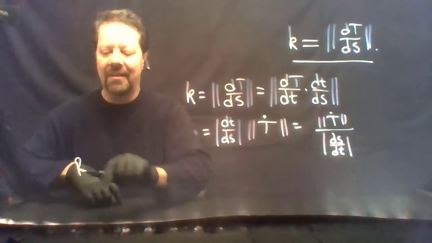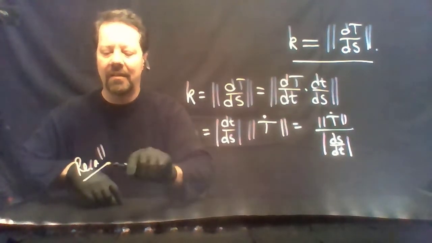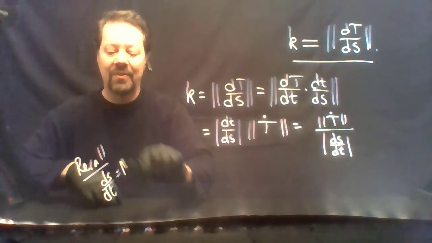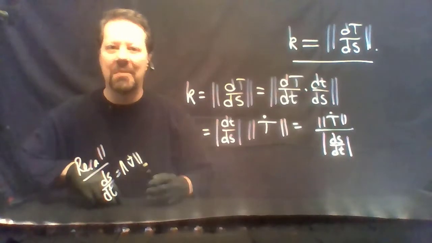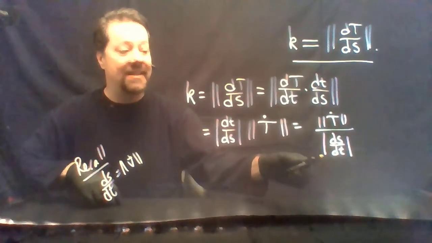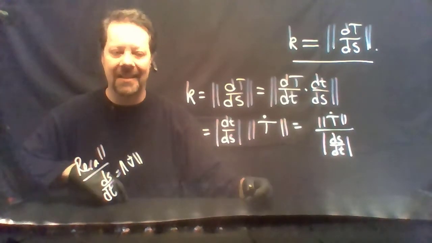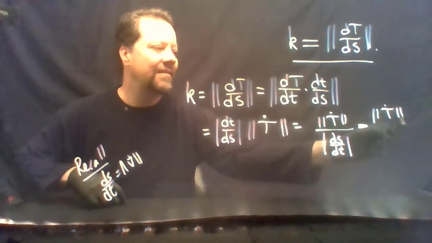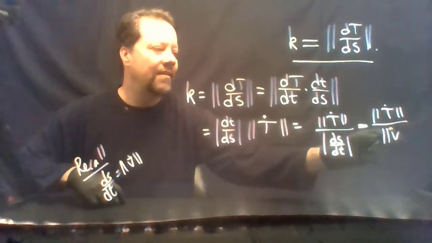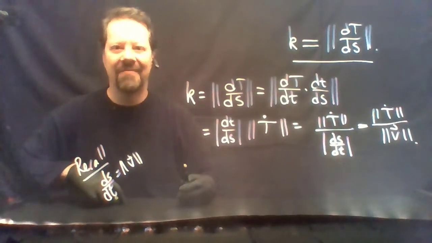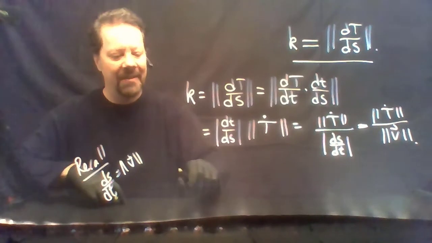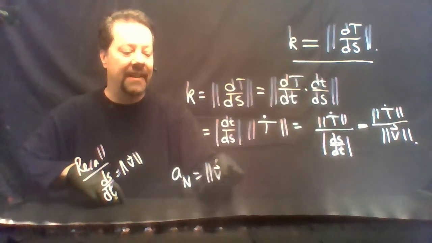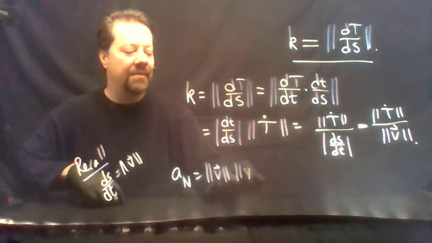Now, I'd like you to recall that ds dt was the speed, the norm of the velocity vector, which means the absolute values are completely unnecessary, and we can rewrite this as the norm of T dot divided by the norm of v. Now you might remember that the normal component of acceleration was the norm of v times the norm of T dot.